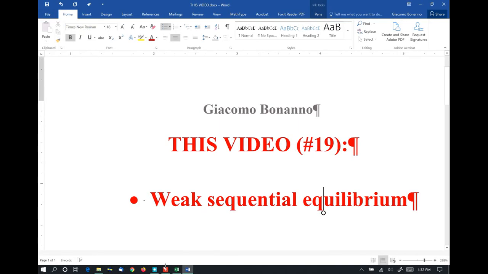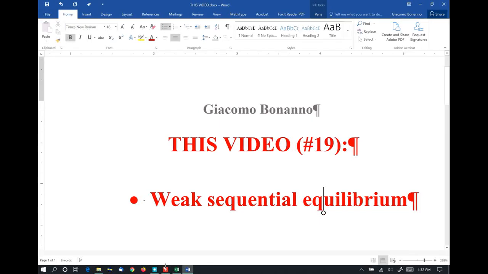And so what we do is we generalize the notion of backward induction, and the generalization is called subgame perfect equilibrium, which coincides with backward induction if the game has perfect information, and otherwise it's a more general procedure that can be applied to games with possibly imperfect information.